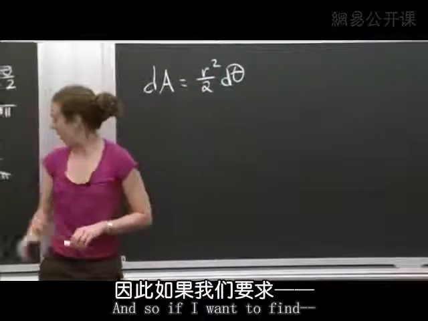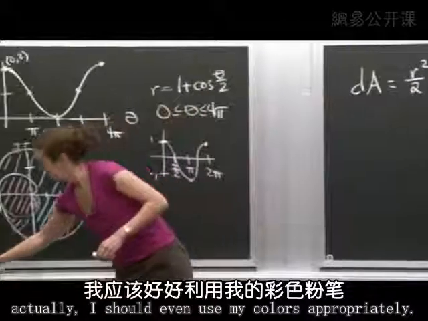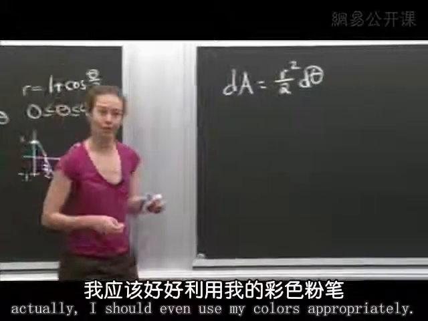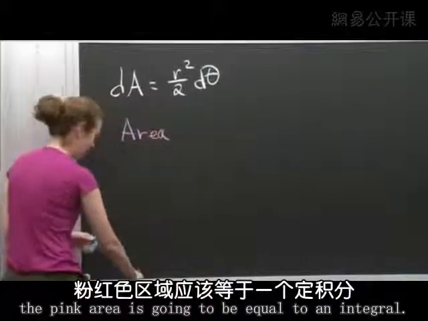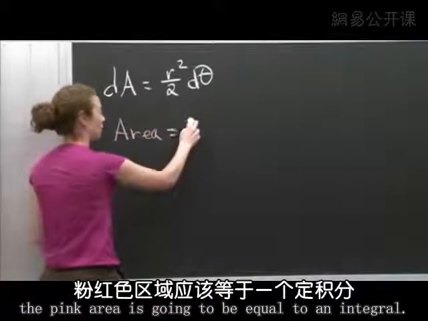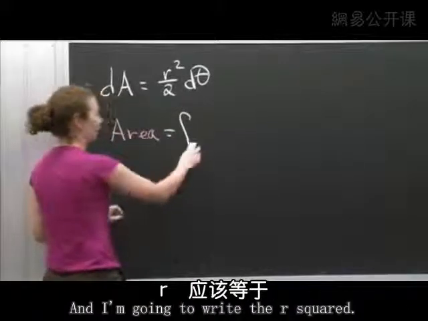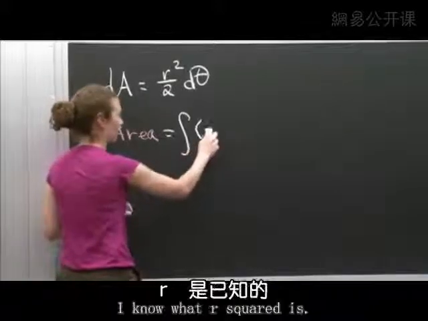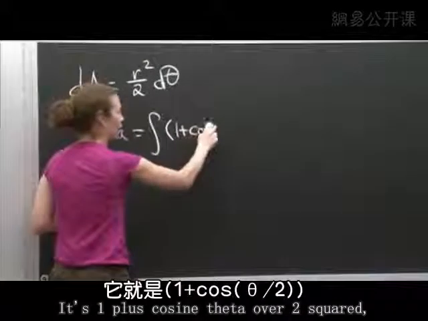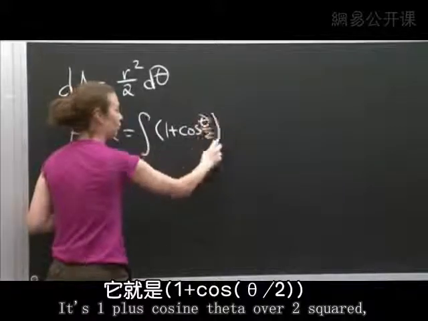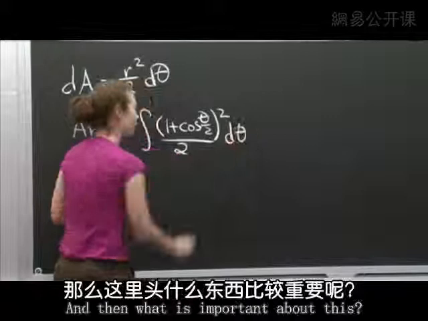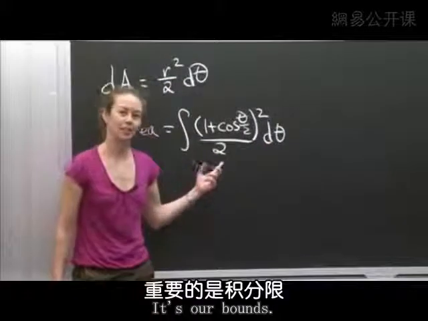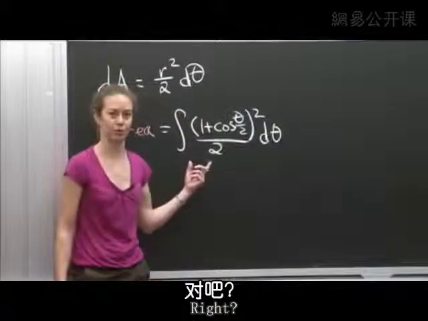So if I want to find, actually I should even use my colors appropriately, the pink area is going to be equal to an integral. And I'm going to write the r squared. I know what r squared is. It's 1 plus cosine theta over 2 squared, and then an over 2 d theta. And then what is important about this? It's our bounds, right? Our bounds are what's important.